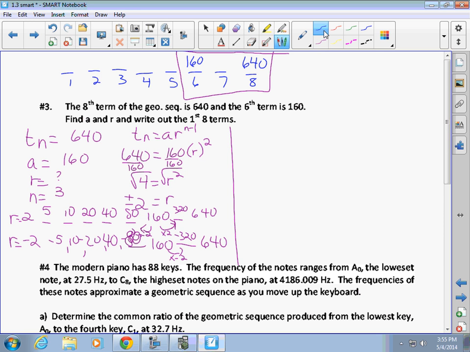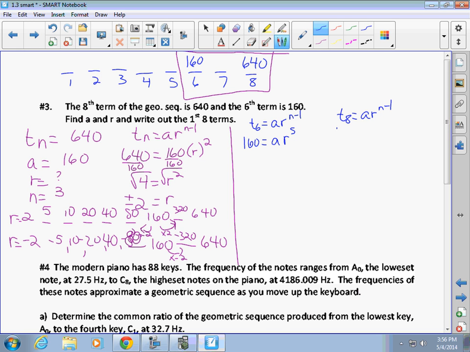So what I could do then is say my term 6 is equal to ar to the n minus 1. I have 160 is equal to ar, so that's term 6, so that'd be ar to the 5. Term 8 is equal to ar to the n minus 1.